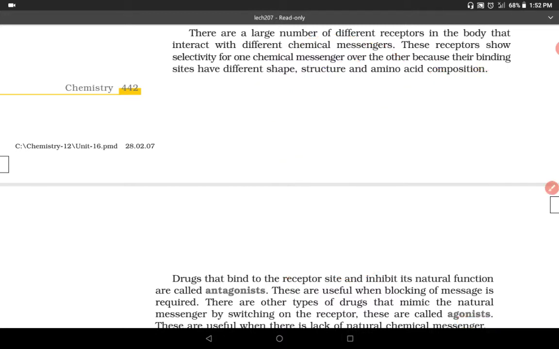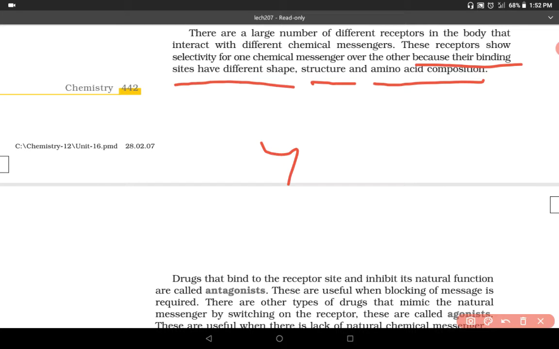What does it depend on? It is because the binding sites have different shape, structure, and amino acid composition. It depends on the shape, structure, how it is formed, and also amino acid composition.